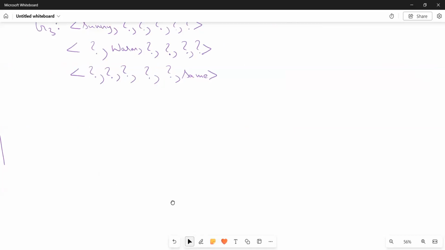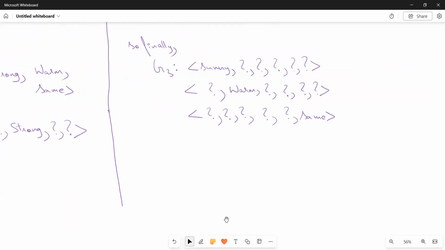Coming to your G4, what are we going to do? We are taking it as separate hypotheses, and we are going to compare each attribute.